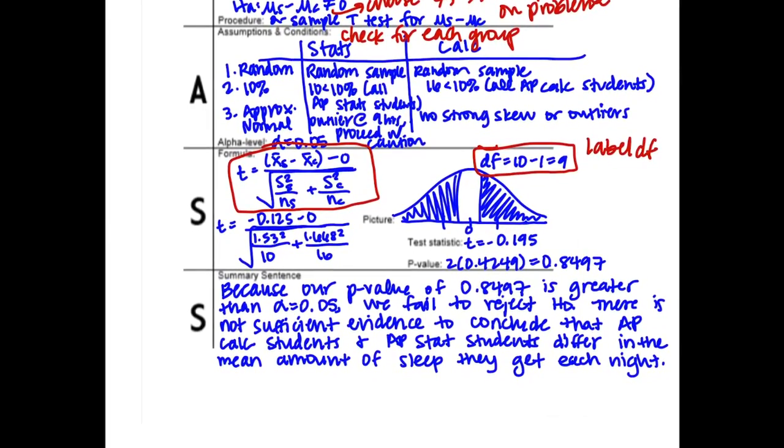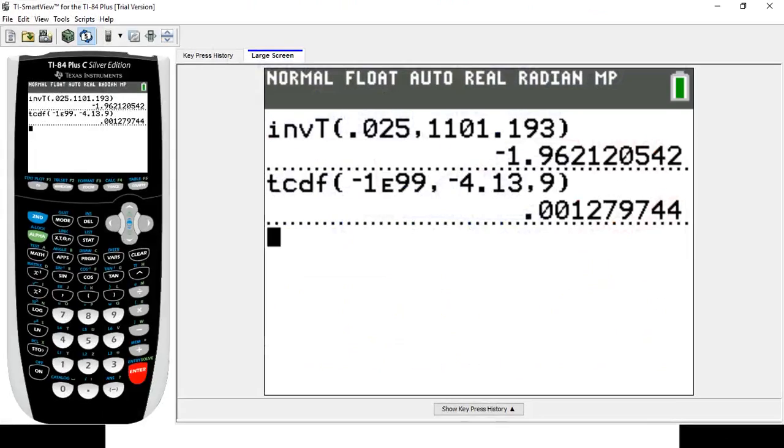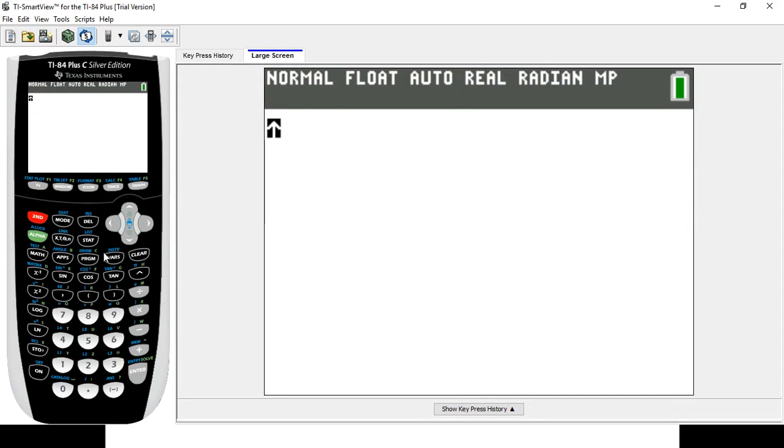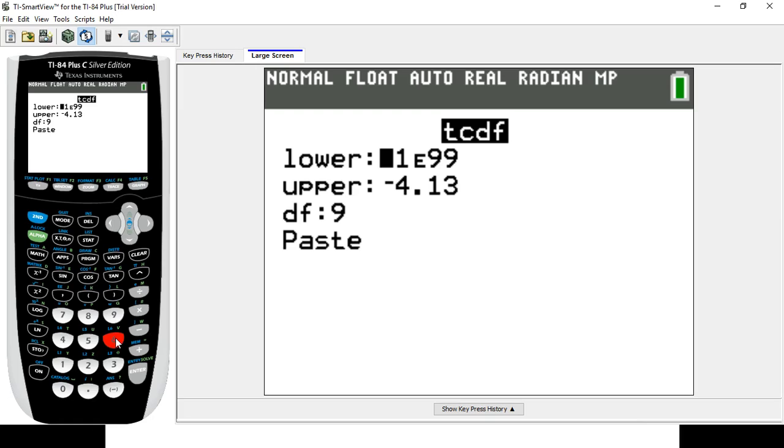And then don't forget that when you have a not equal to in your HA, you double the p-value. So I got a negative t-star, or t-score. So here's my work, oh no, that's the old one. So what I do is second bar 6, keep my lower at negative 1e99, and then I put in the t score of negative 0.195.